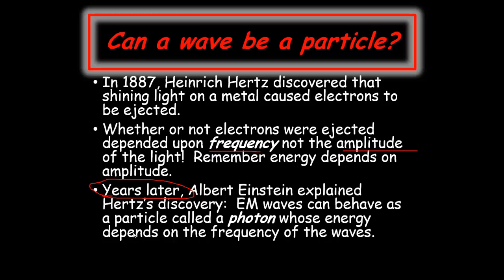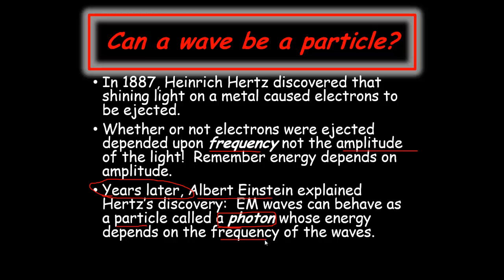Basically, Einstein took Hertz's information and said that these electromagnetic waves behave as both a particle and as a wave, and this particle is called a photon. And this photon depends on the frequency at which the wave is at.